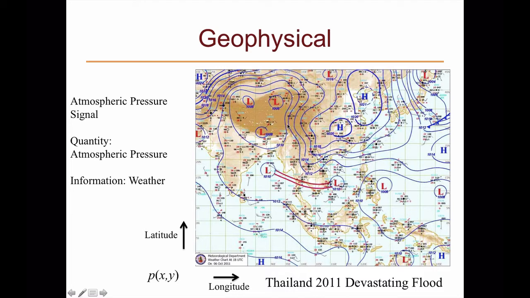So this is just like a mountain. The information contained in this signal is something like weather and maybe the storm path. The independent variables of this signal are the latitude and longitude, and the measured quantity is the pressure.